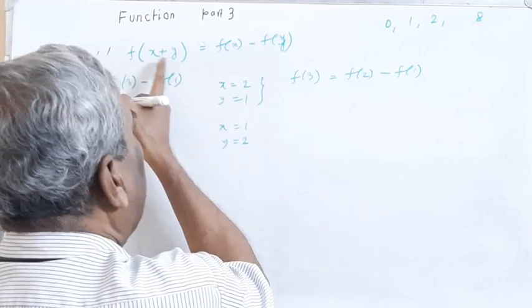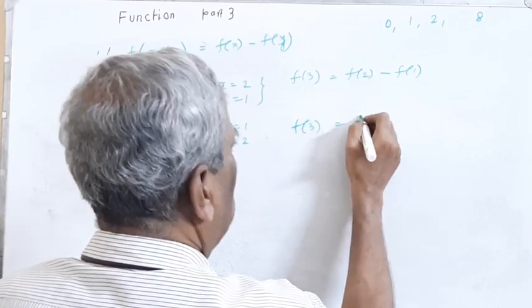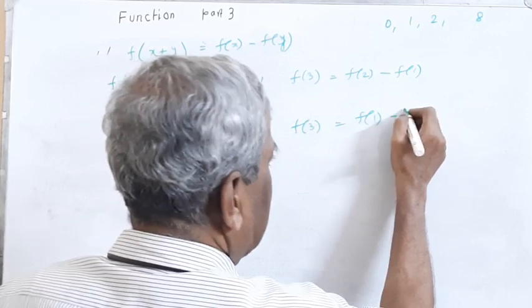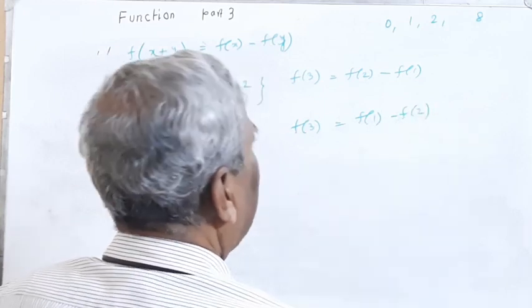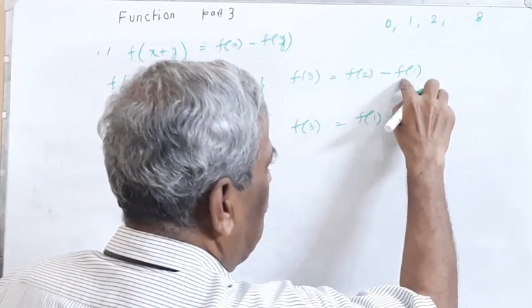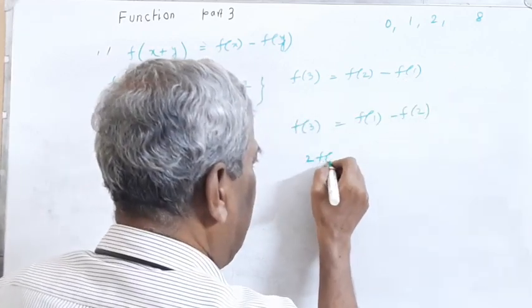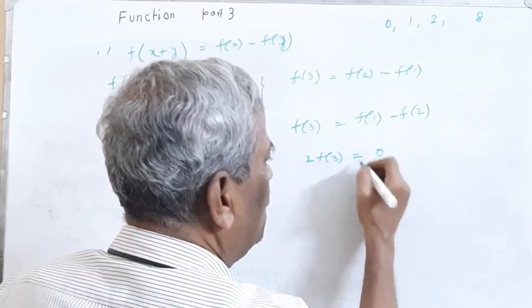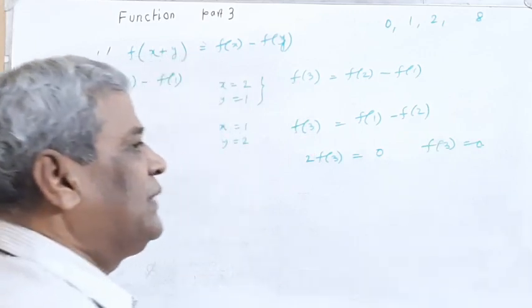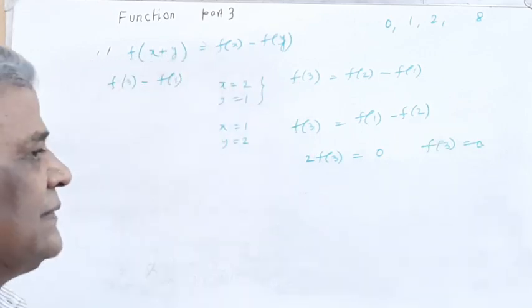Again, this is 1 plus 2, that is 3. f(3) is equal to f(1) minus f(2). So adding these two, f(1) cancels, f(2) cancels. 2f(3) is equal to 0. So f(3) is equal to 0.